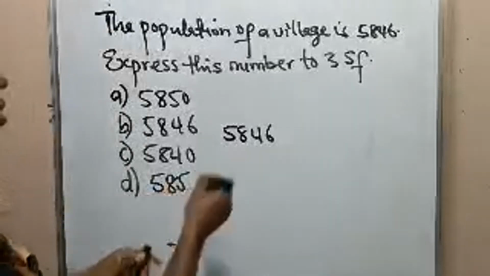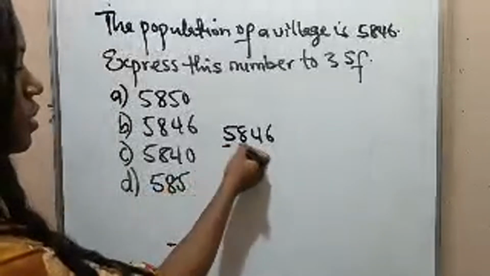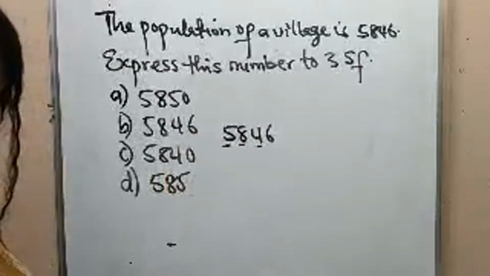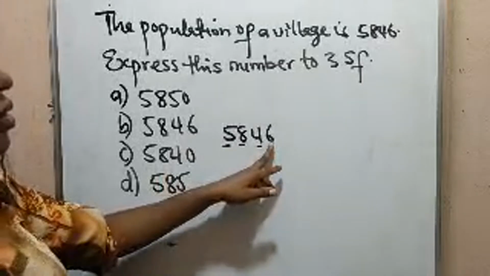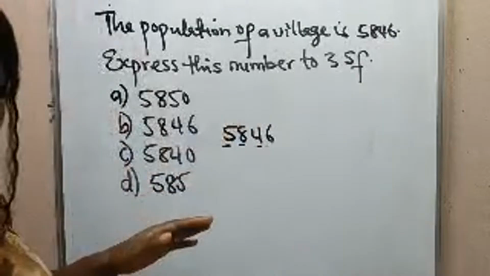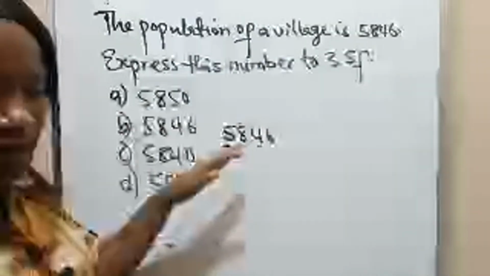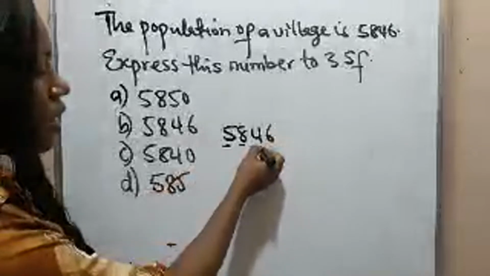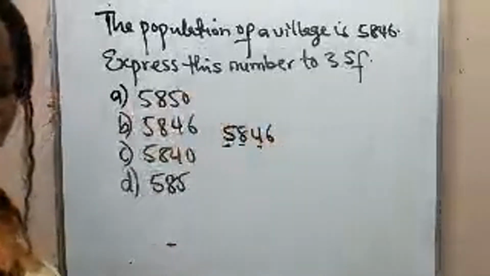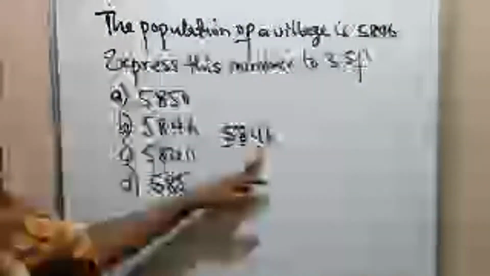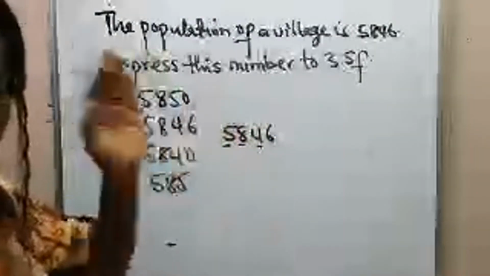We have the first, second, third significant figure, but we will not throw this 6 away. We need to check this 6. Is this 6 up to 5? If yes, then we are going to call it 1 and add it to 4. If it is not up to 5, then we are going to ignore it and call it 0.